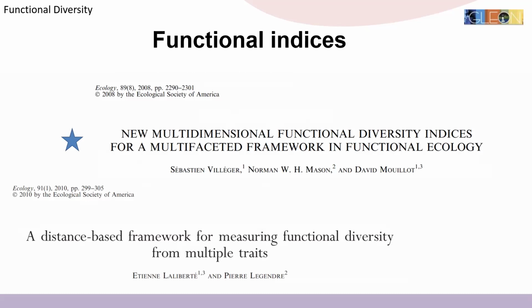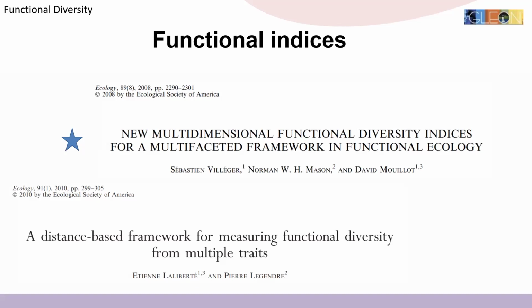So to correct these mathematical problems, in 2008 and 2010, two other measurements were proposed. One by Villéger and another by Laliberté and Legendre. And these ones are based on a functional space used by species in a multidimensional space.